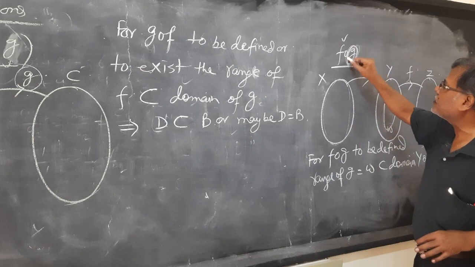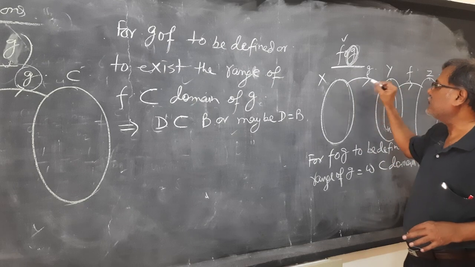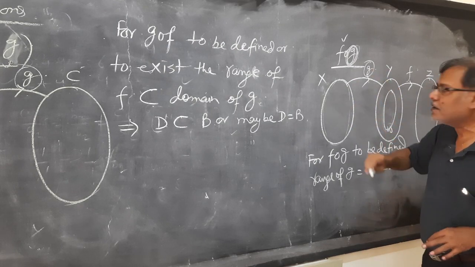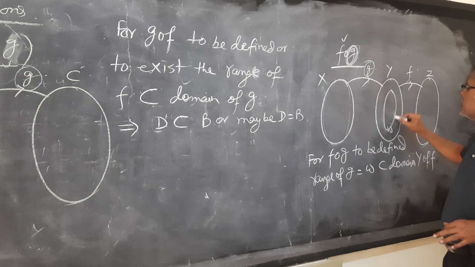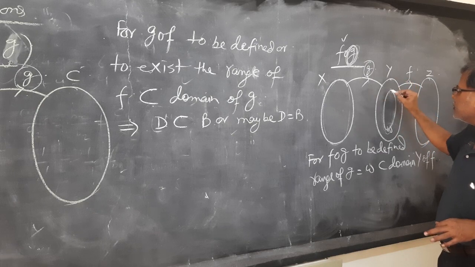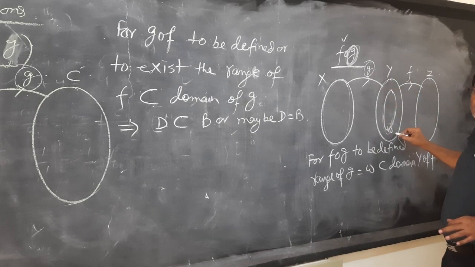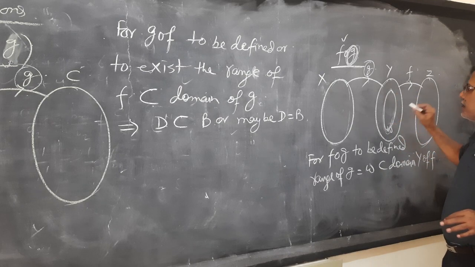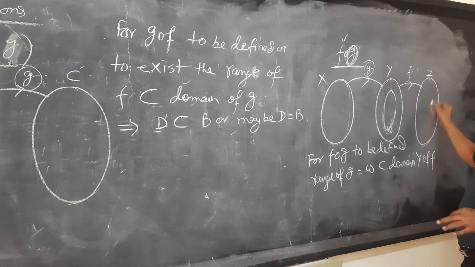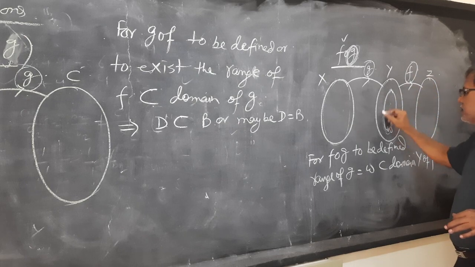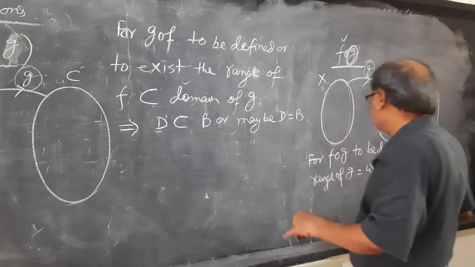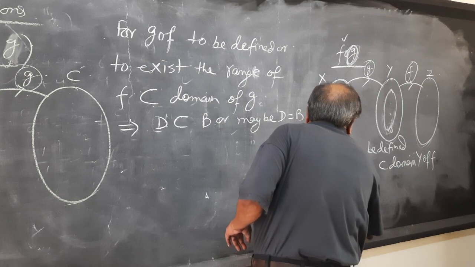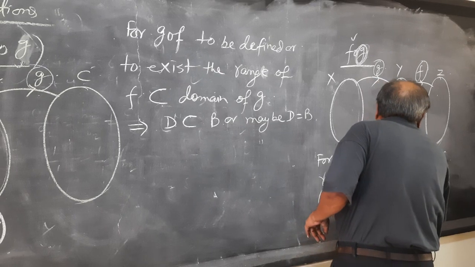So first of all, as g is written first from this side, you have to operate the g function on the elements of capital X, and that will give you the elements of capital W. Here also the set W must be a subset of capital Y. After we obtain the elements of capital W, the f images of the elements present in W will be taken, and that will finally give us the elements of capital Z. So we can write (fog)(x) as f(g(x)).